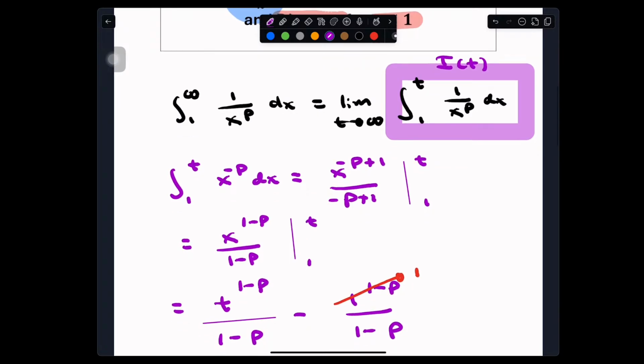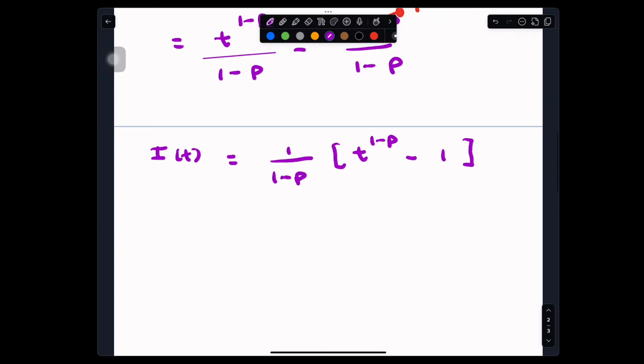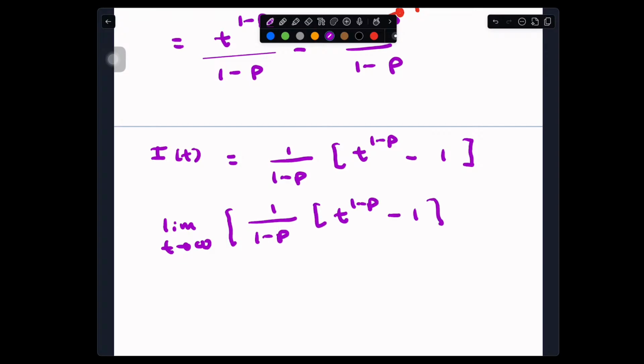Now, okay, we're going to now take the limit. However, let's notice what the limit's going to say. We're going to take the limit as t goes to infinity of 1 over 1 minus p, t to the 1 minus p minus 1.